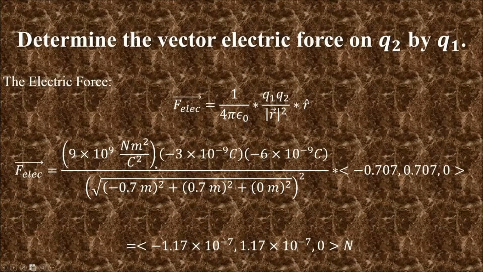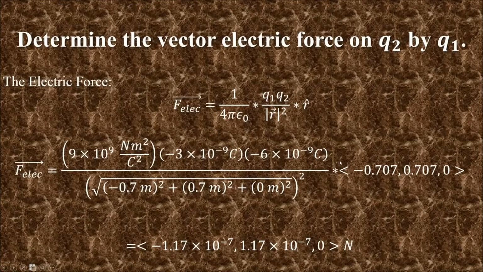This is 1 over 4 pi epsilon naught, 9 times 10 to the 9th newton meters squared per coulomb squared. This is Q1, which is given in the problem statement. This is Q2, which was also given in the problem statement. This square root was the magnitude of the r vector, and then we just square that, so the square root goes away and it's just the sum of the individual components squared. And this is r hat, which we calculated earlier.